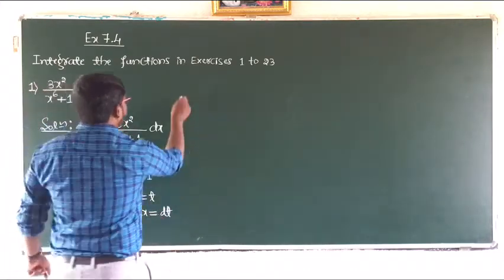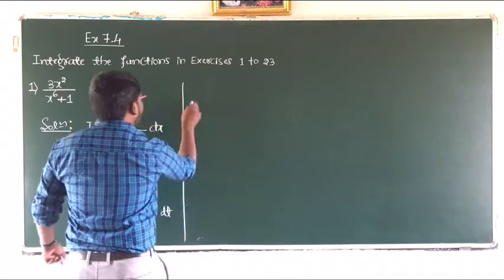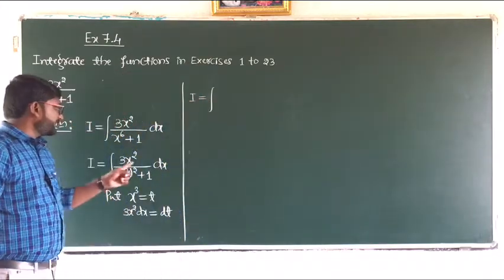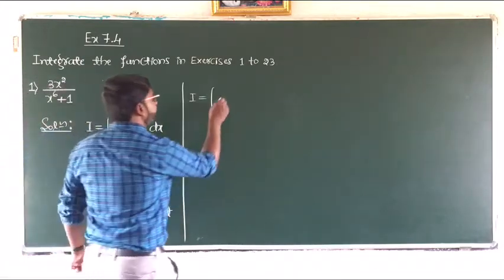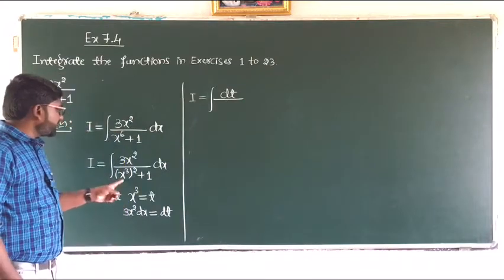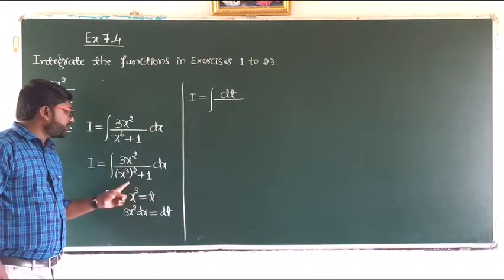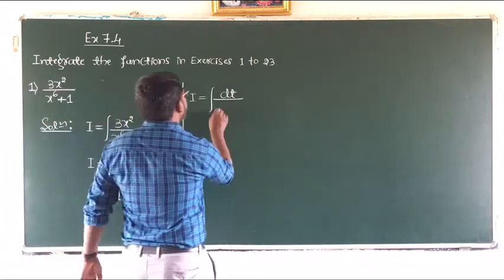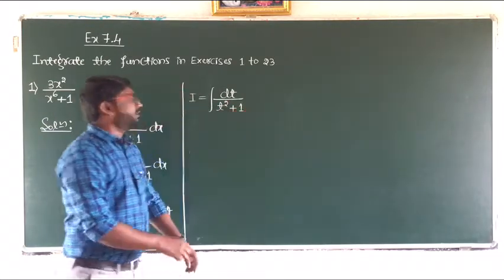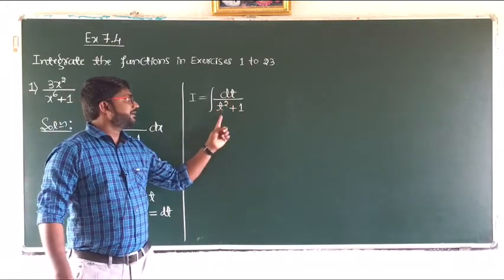We have to rewrite the integral I, which equals integral. So what is 3x square dx? It is dt. So dt by, in place of x cube I write t now, it becomes t square plus 1. So now this is in the form of integral dx by x square plus a square.